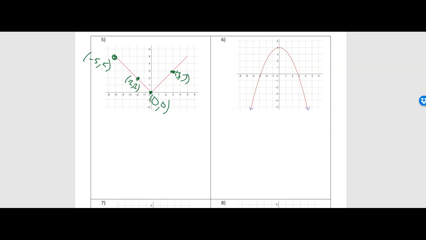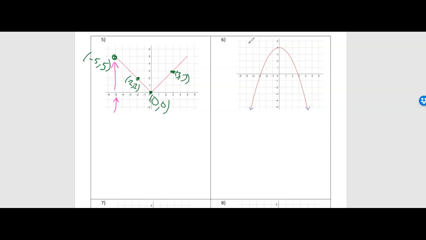And remember, we're trying to see, is there an input? Is there an x value that has multiple y values? Well, let's check the x value of -5. Right? If we look at -5, well, there's only one point on the function. When x is equal to -5, it's up there. So -5 doesn't have multiple outputs. It only has one. It only has 5.